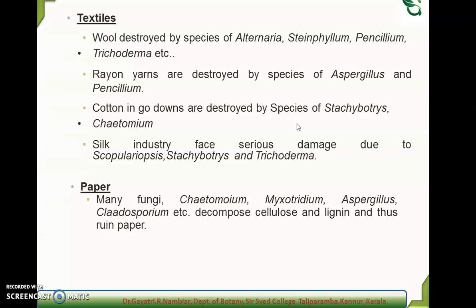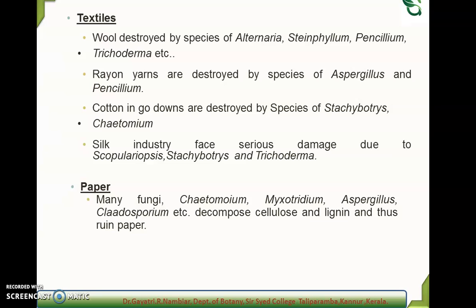Now textiles. In textiles, fungi like Alternaria, Penicillium, Trichoderma, etc. cause wool deterioration. Then rayon yarns are destroyed by species like Aspergillus, Penicillium.